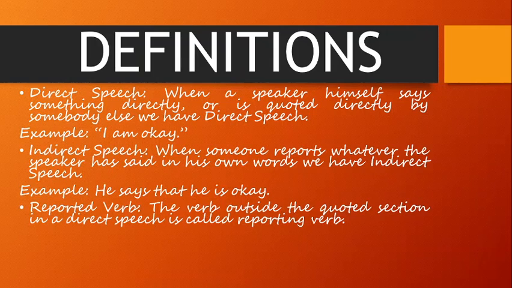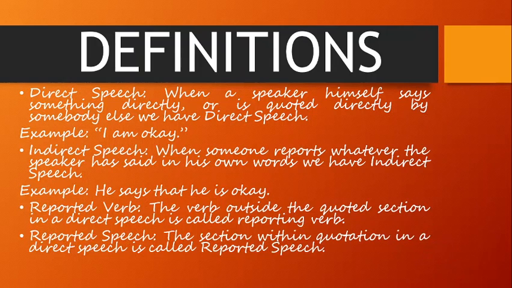So the verb outside the quoted section in a direct speech is called the reporting verb. Similarly, the quoted portion will be called reported speech. So reported speech is the section within the quotation in a direct speech.